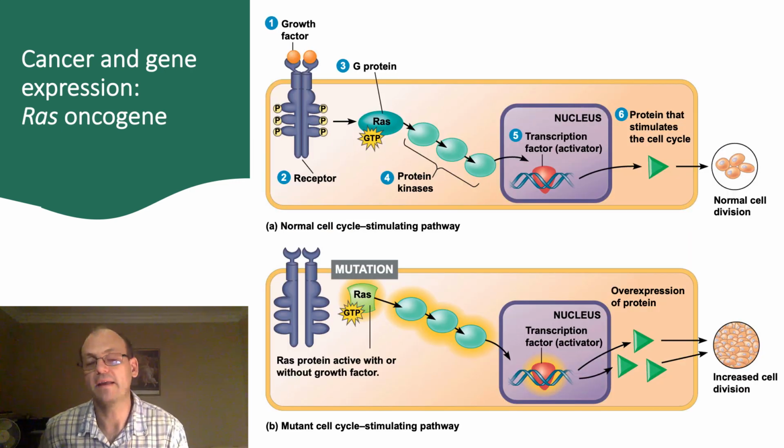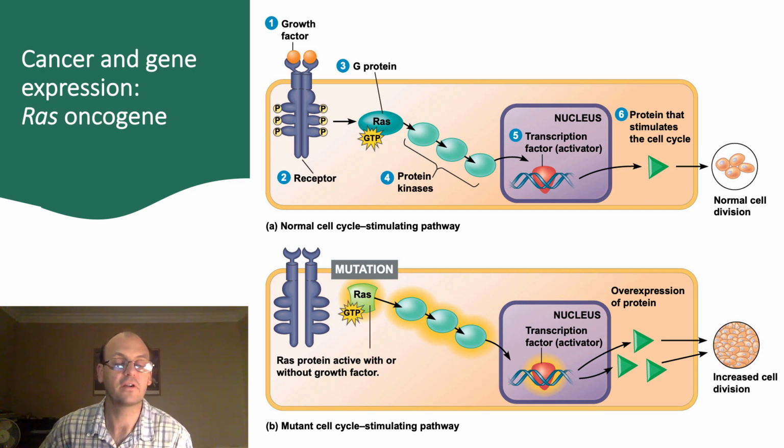Now, one of the best known oncogenes is called RAS. Under normal circumstances, RAS is a G protein that conveys a signal from a cell surface receptor through a series of protein kinases and eventually to the nucleus. A transcription factor in the nucleus causes the transcription of a protein, which then stimulates the cell cycle to continue.